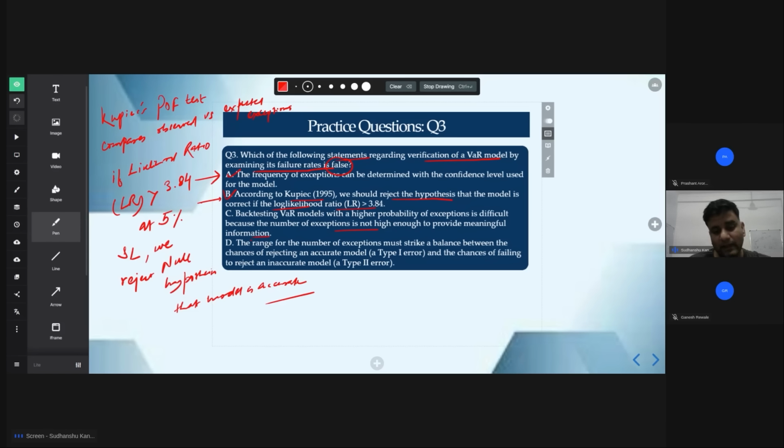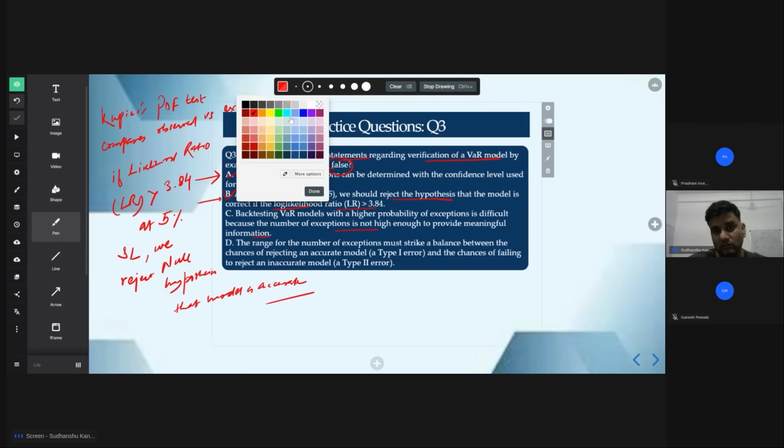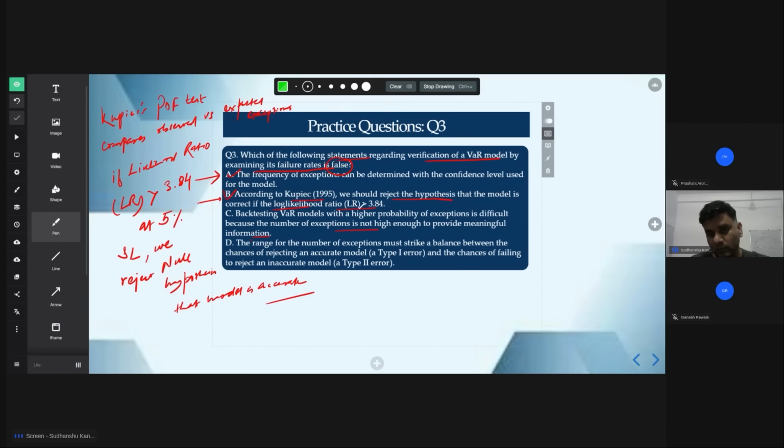Because in reality, backtesting VaR models with a lower probability of exceptions, for example, 99% VaR with a 1% exception, is difficult because these are too few exceptions to draw strong conclusions. So when exceptions are rare, statistical tests have less power, right?